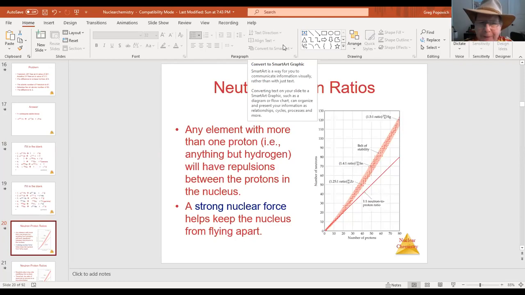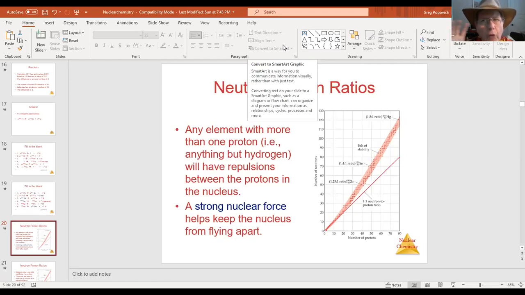What has to happen is we have to have a strong nuclear force that keeps the nucleus from flying apart. Ultimately, and we will get into this later, we have to transfer some of the mass of the protons and neutrons in the nucleus. Some of that mass has to be converted to energy.